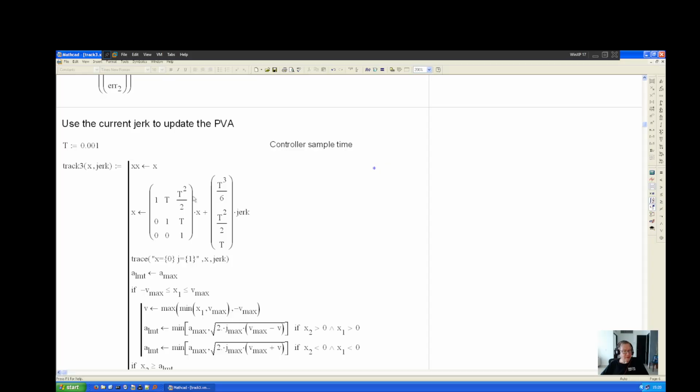And this is the equation for the velocity, and this is the equation for the acceleration. So the acceleration is whatever the current acceleration happens to be, modified by the current jerk times the time increment, which is 1 millisecond here.